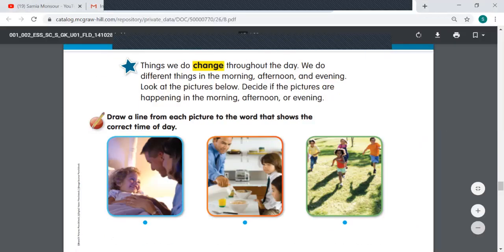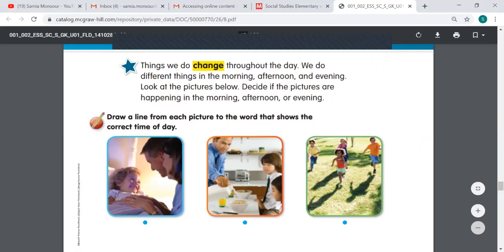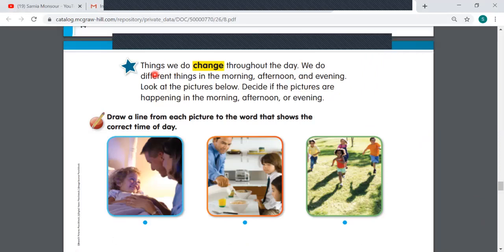Let's turn to page 15. If you're not finished drawing your picture, you can pause the video or you can come back to that. Okay, we're on page 15. Let's read and make sure, again, you write your name the best you can on the top of the page.